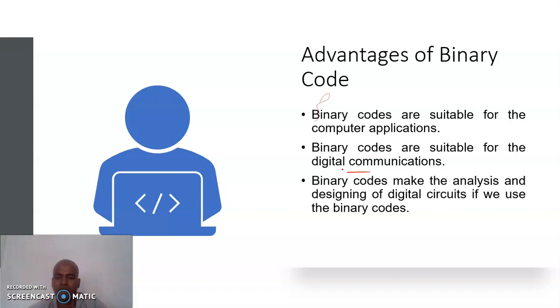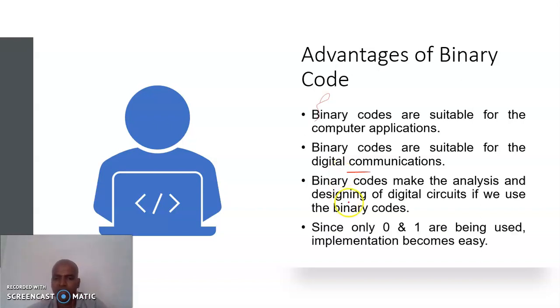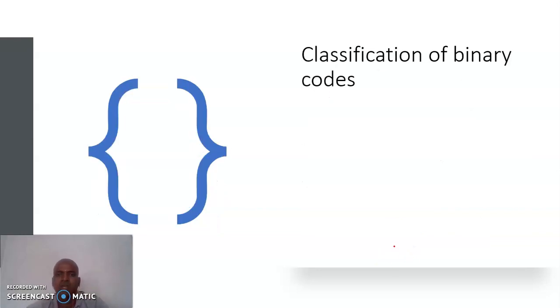Since zeros and ones are used, the implementation becomes very easy. Instead of using decimal numbers 0 to 9, if you use 0 and 1, the implementation is very easy.